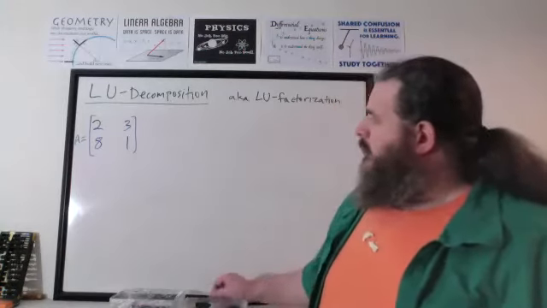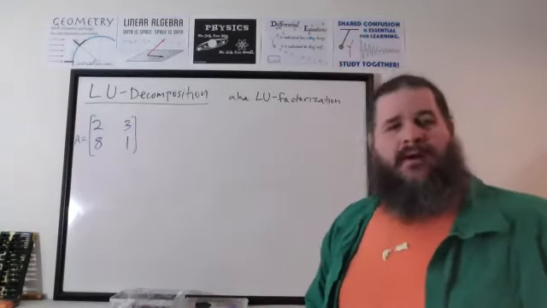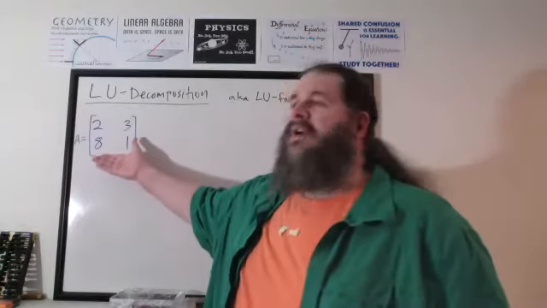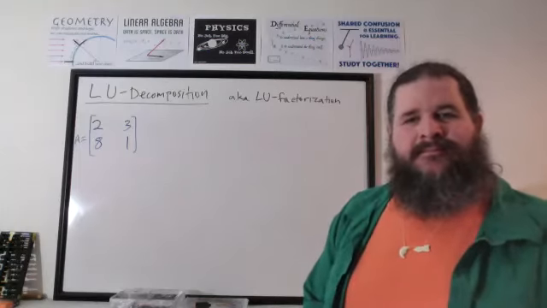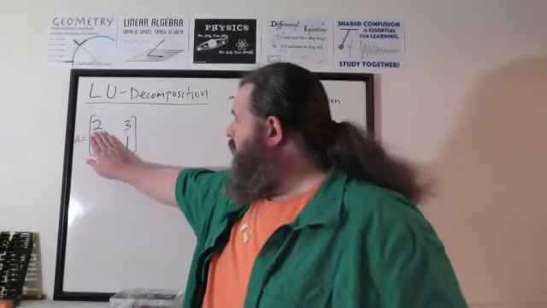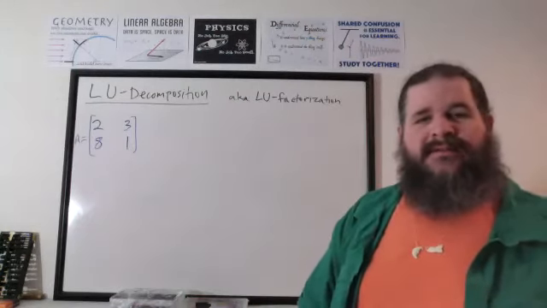So if we want to make this upper triangular, I think this will only require one step. What value do we need to get rid of? 8. Yeah, if we can just get rid of this 8, then the rest will be upper triangular. So what row operation will get rid of that 8?